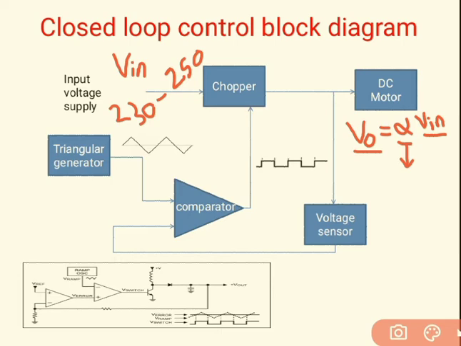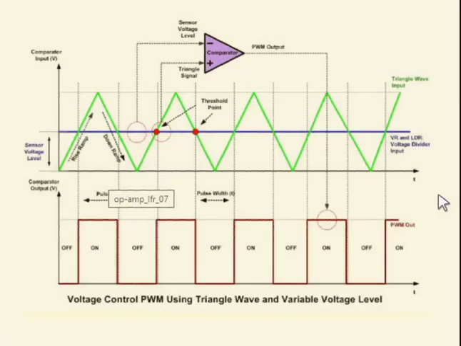To understand this, look at this diagram. This is the triangular wave which is generated by the ramp oscillator, and this is the output voltage of the chopper. Suppose output voltage is increased from this value to this value.